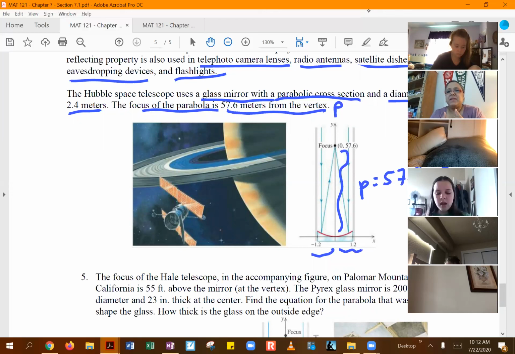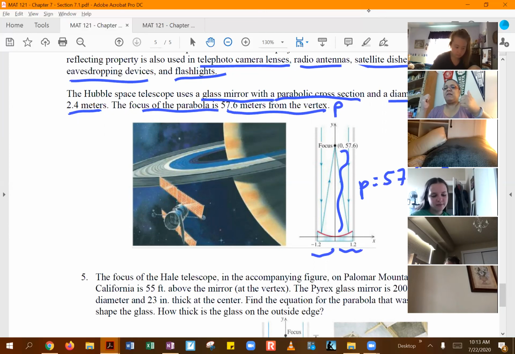Part of that was when they manufactured that mirror with the parabolic surface, it was off by literally micrometers, but it was off enough that the light that was getting reflected, with that focus being at 57.6 meters, they were not able to get that right focus distance. So the telescope was not reading those images in clarity.